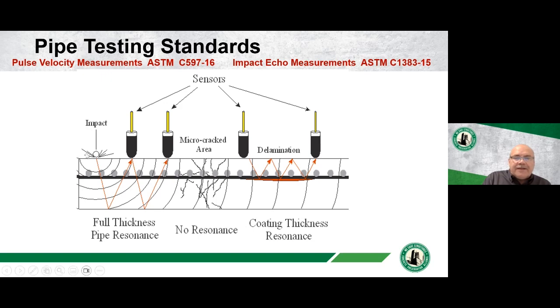So if we look over on the left-hand side, we're getting the full pipe thickness based on the reflected energy. And maybe that's 6 inches, 5.5 inches, whatever it may be, because the concrete and the pre-stressing strands and the steel liner are bound together.